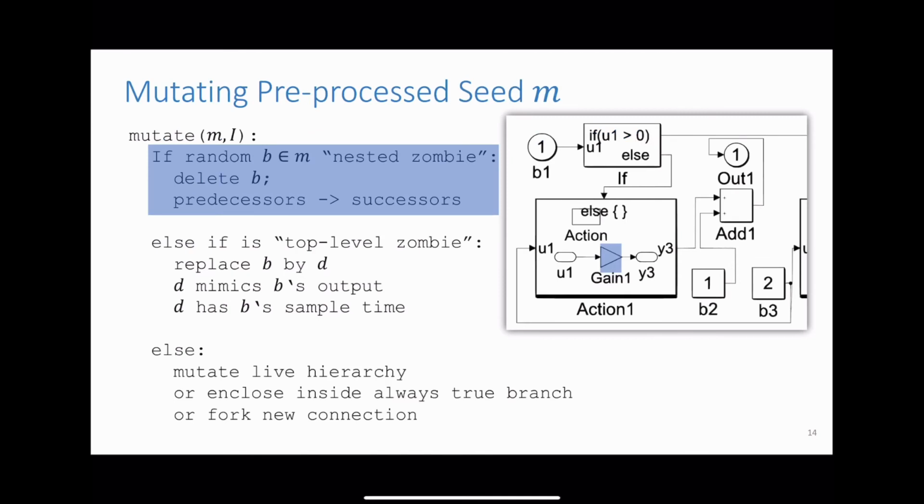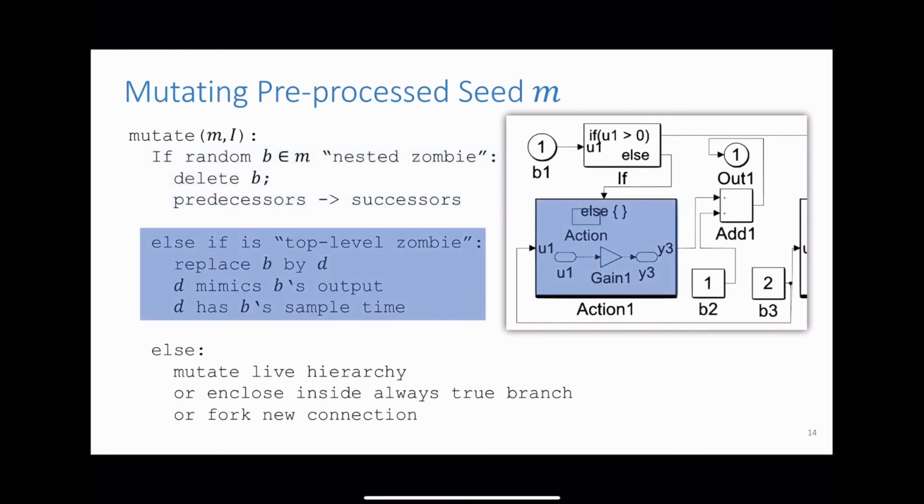The basic algorithm is to take a block to mutate, and if this block is inside a zombie block, then we just delete it and connect the predecessor to its successor. Otherwise, if it's in the top level, that means its output is visible to other live paths.